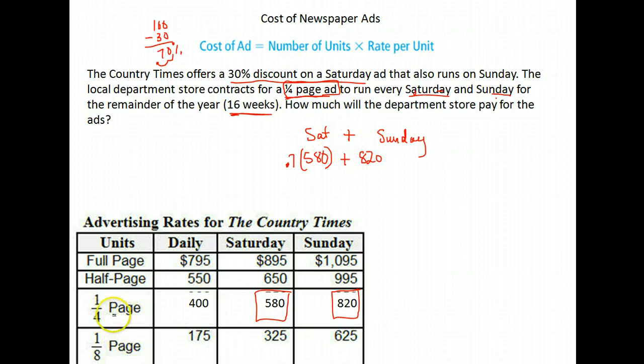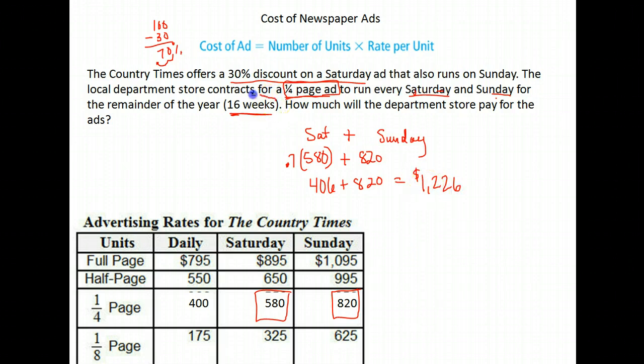This needs to be the price for a 1/4 page ad. We go ahead and multiply. 0.7 times 580 is 406, plus the $820 for Sunday, gives us a total of $1,226. Now that's just for 1 week.